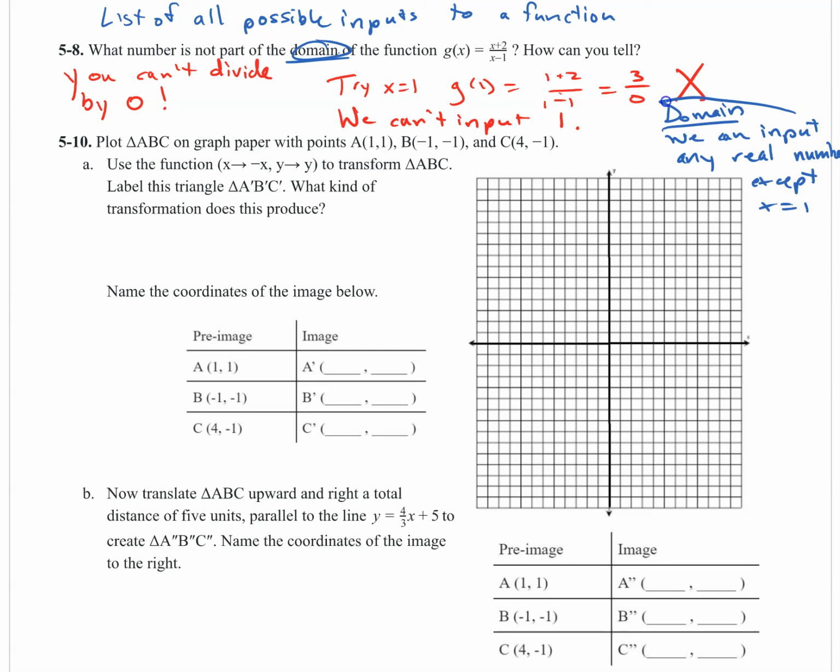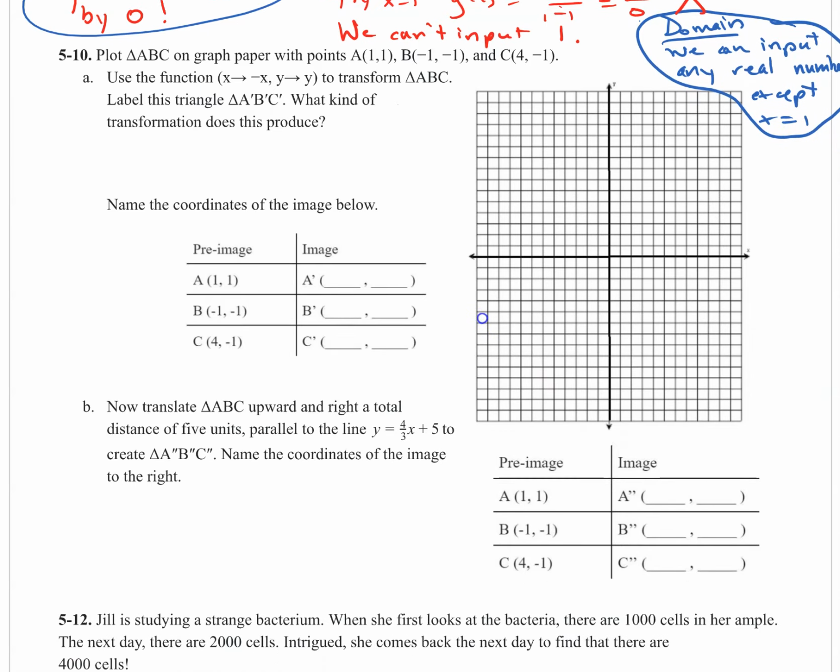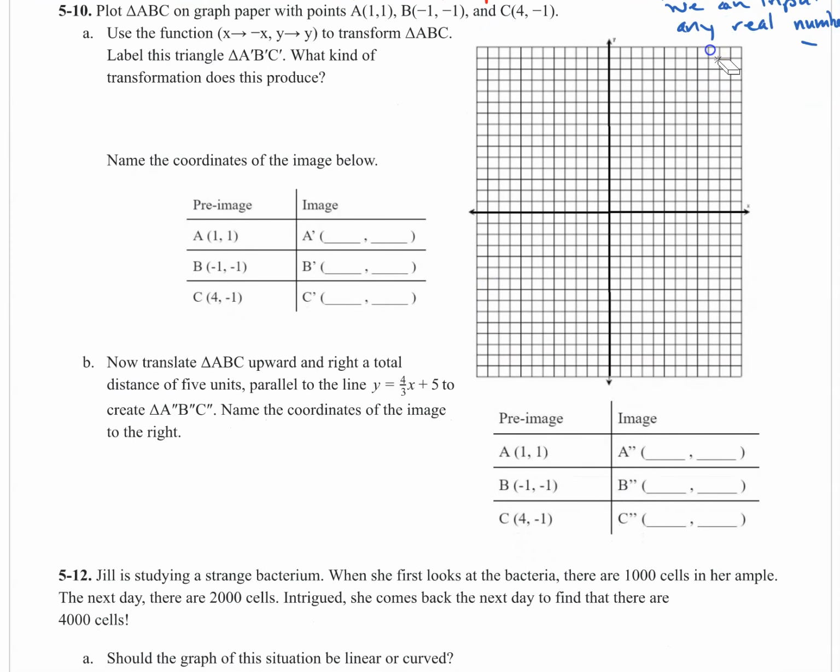How can you tell? You can't divide by 0. When you plug in 1, it causes you to divide by 0 because 1 minus 1 is 0 and 3 divided by 0 is undefined. That's not allowed. So we can input any number we want except for 1. That's the domain. The domain is the list of all possible inputs to a function.